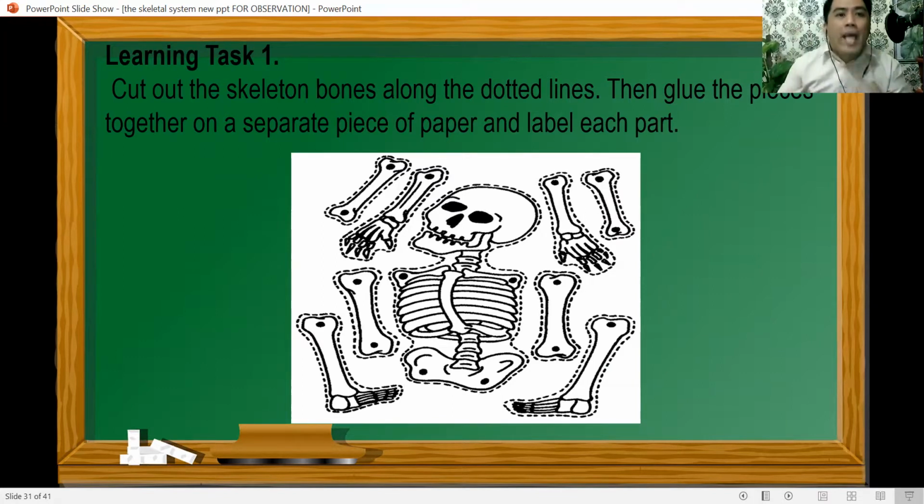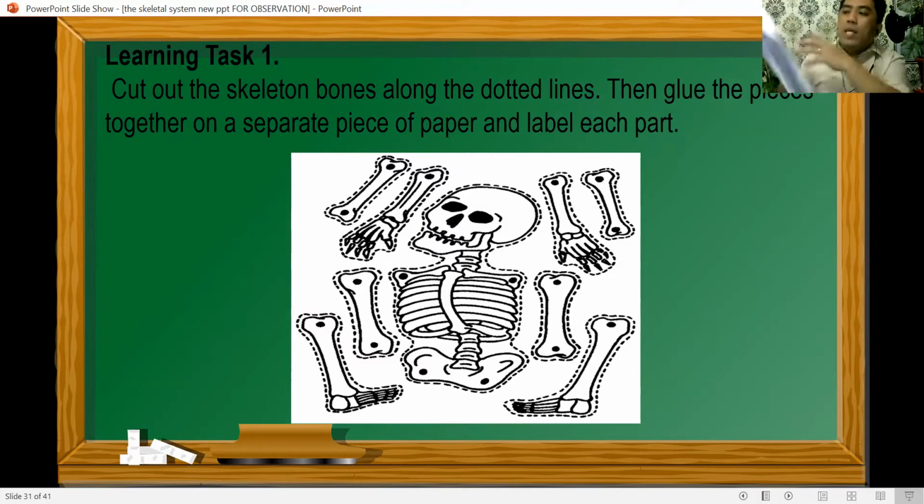Okay. So, for learning task 1, ang gagawin ninyo is to cut out the skeleton bones along the dotted line. So, kung makikita nyo ang sa inyong worksheet, tingnan nyo ang inyong worksheet, merong ganito. Dotted lines, then glue the pieces together on a separate piece of paper and label each part. Okay, so para hindi na kayo maghanap pa ng ibang papel.